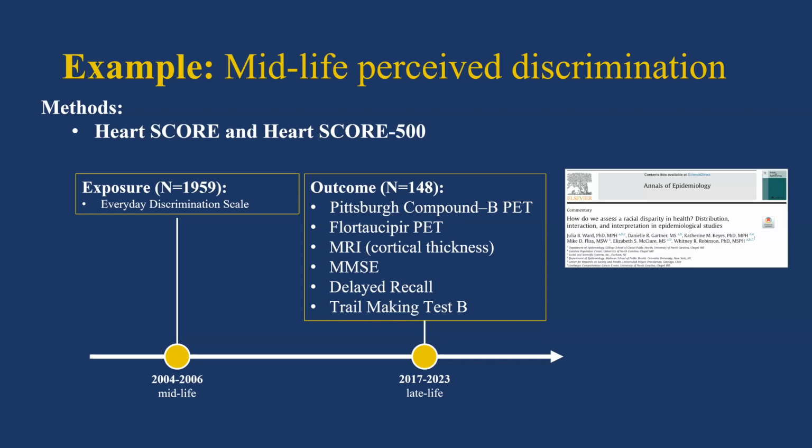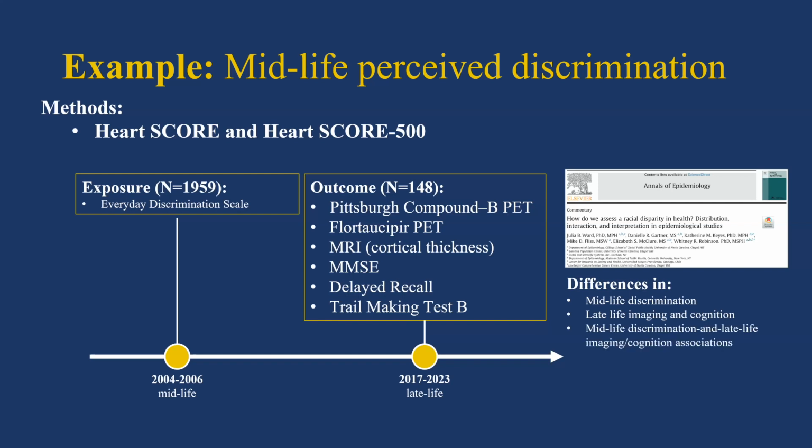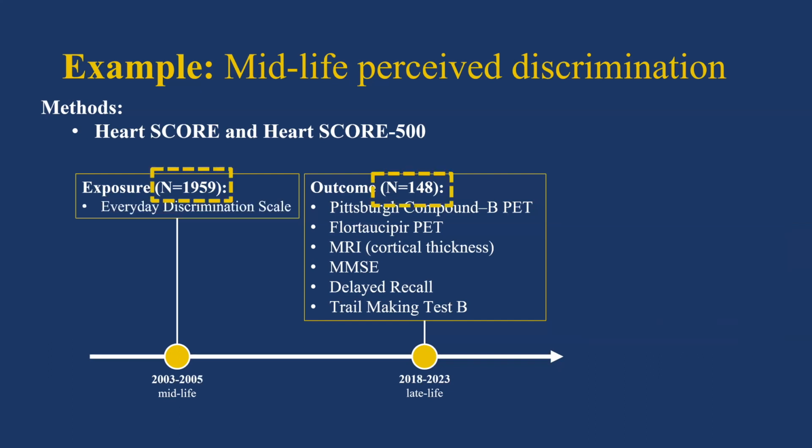And again, because we were interested in midlife perceived discrimination as a potential driver of disparities, we used the same framework that I mentioned earlier, where we examined group differences in the exposure, which is midlife discrimination, in outcome, late life imaging and cognition variables, and exposure and outcome relationships, meaning midlife perceived discrimination and late life imaging and cognition associations.